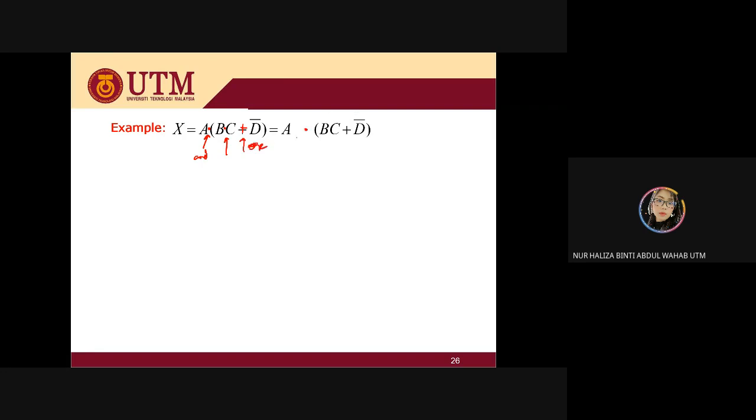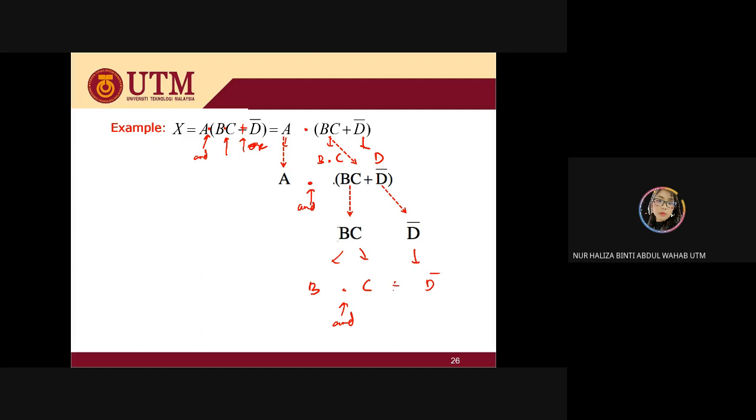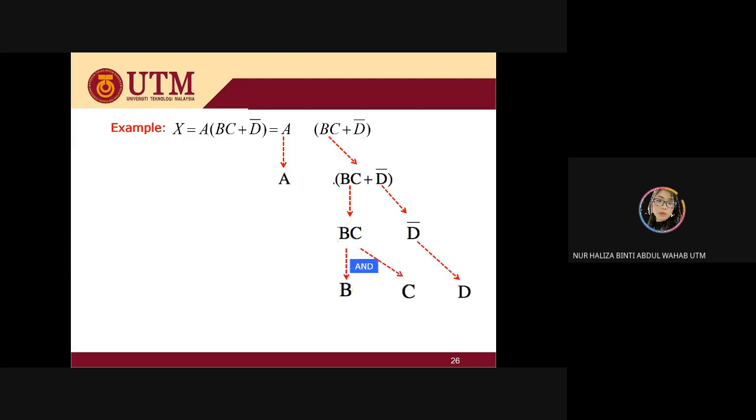So you can see you have this as A, and then here you have B dot C. This one is D. So from here you have here is AND. From D, this one you're going to have B dot C. This is AND. This will be D bar, and here will be OR. So let's take a look into the step.